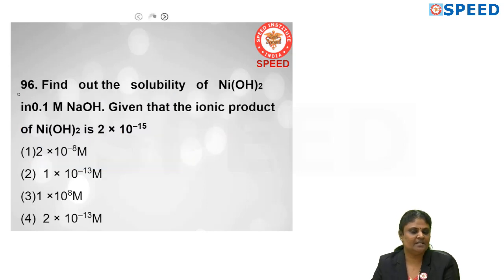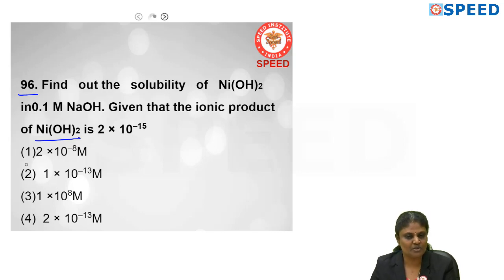Okay, and the 96th question. Find out the solubility of nickel hydroxide, Ni(OH) twice, in 0.1 M NaOH. So this is from the mole concept. Given that the ionic product of Ni(OH)2 is 2 into 10 to the power of minus 15.